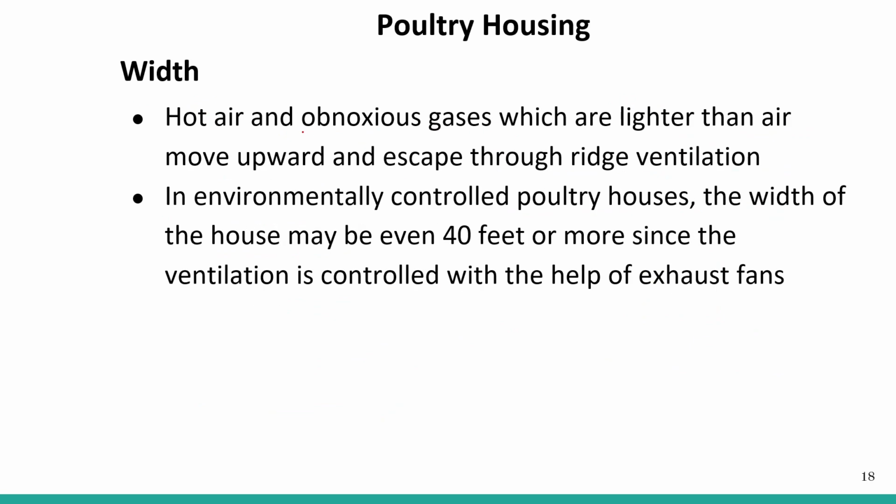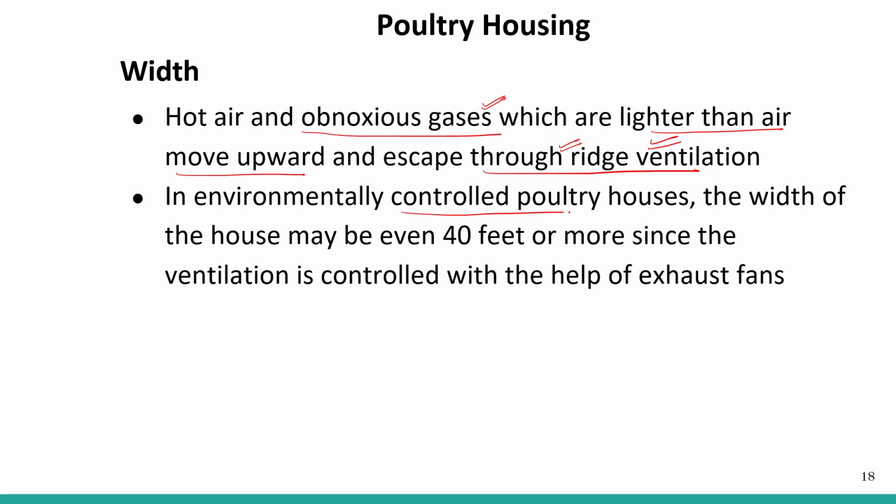Hot air and obnoxious gases, which are lighter than air, move upward and escape through the ridge ventilation. This is very important: the harmful gases that are lighter escape from the poultry house with the help of ridge ventilation.